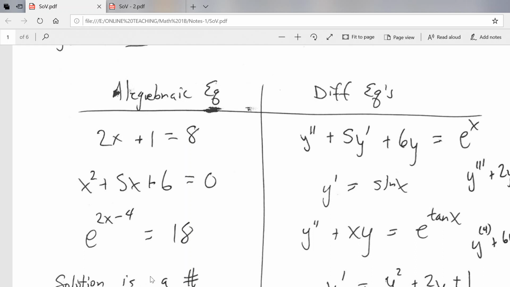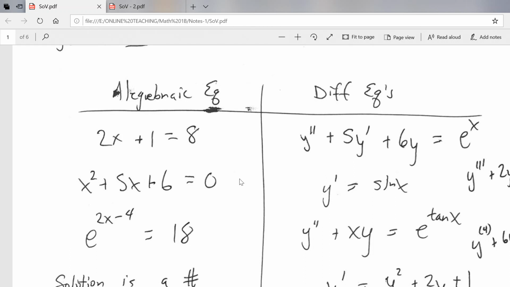But the solution is always a number. That's the important thing. x equals 7/2. x equals -3 and -2. x equals the ln of 18 plus 4 divided by 2. Something like that.